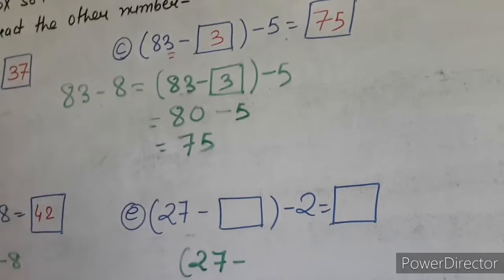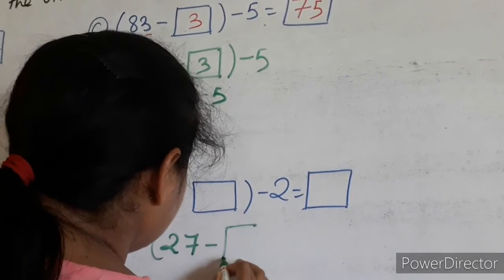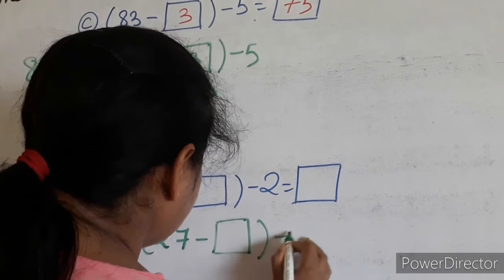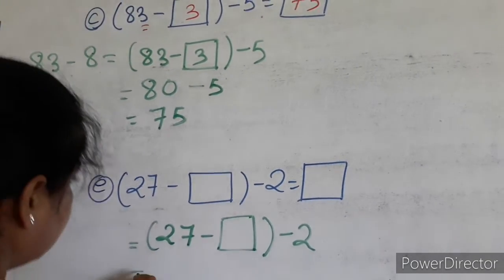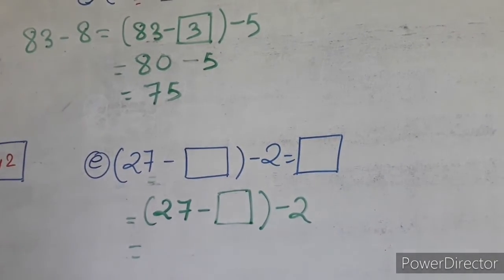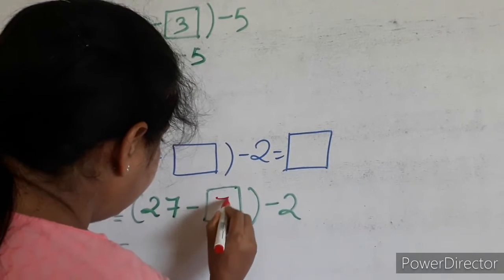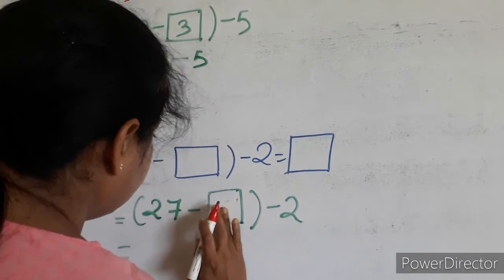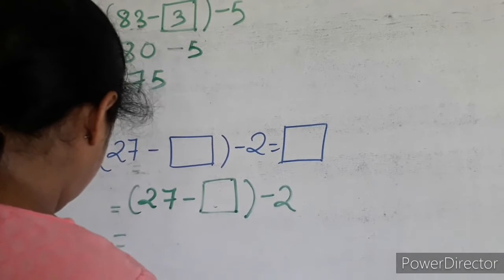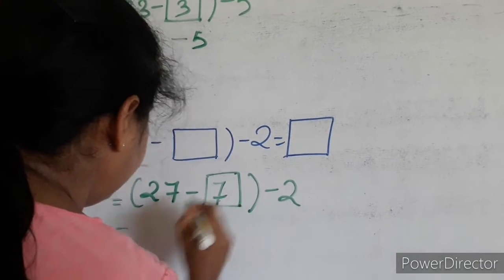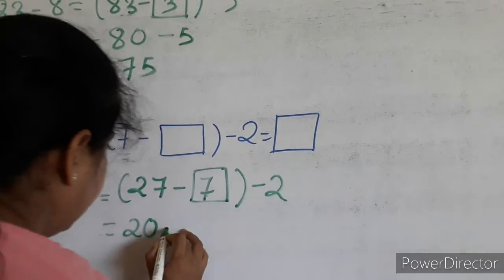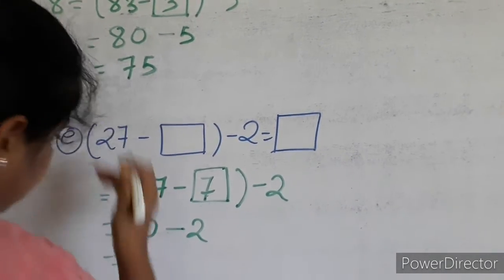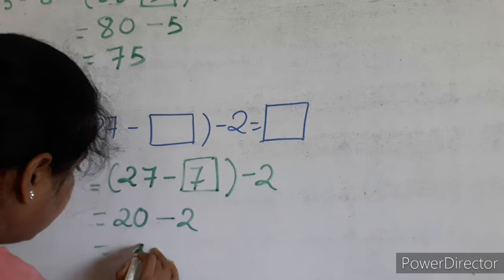27 minus 9. This is the unit place, so we can subtract 7 right here, then 20 minus 2 equals 18.